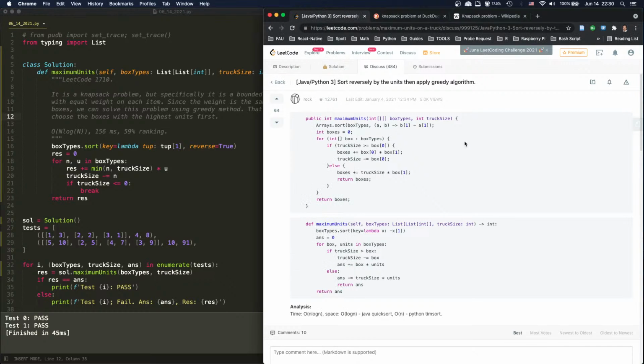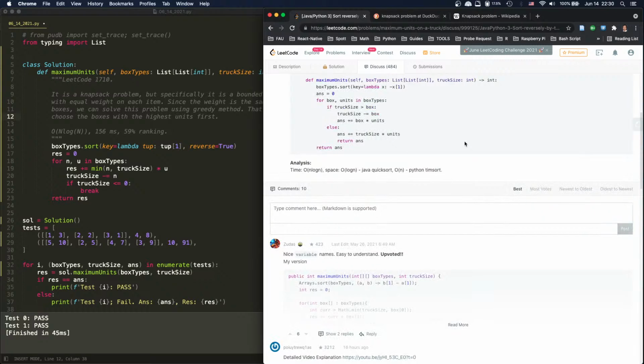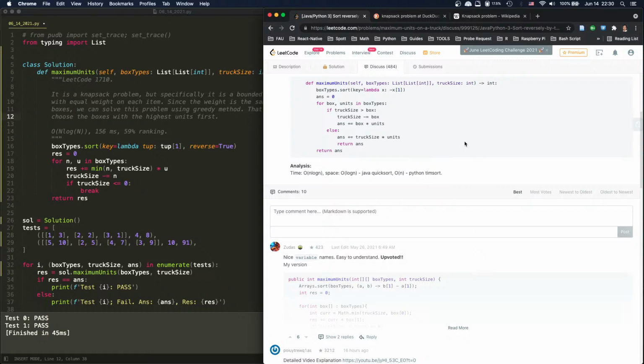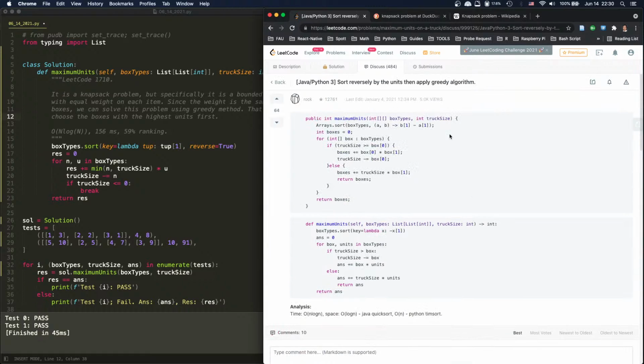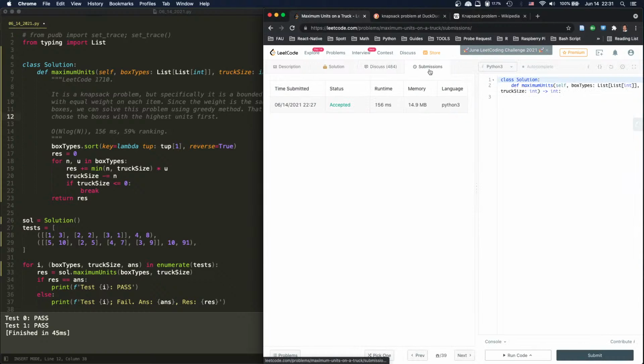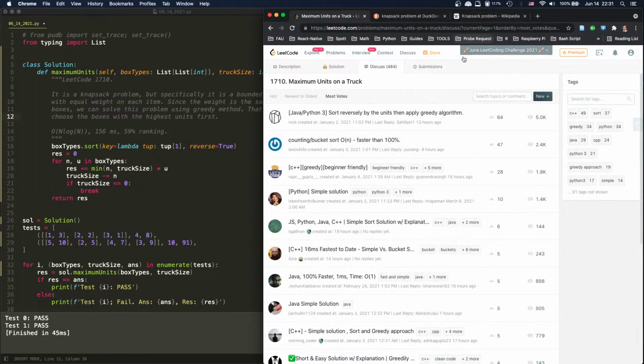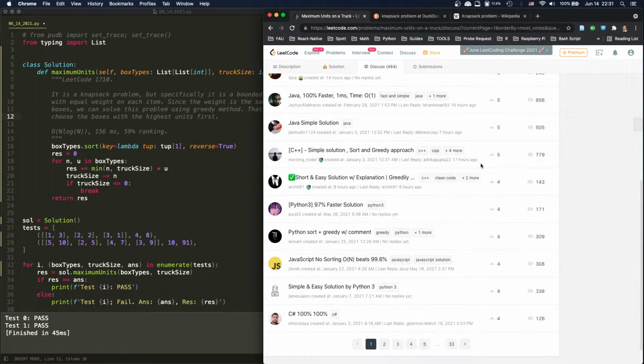Excuse my language. I forgot we sorted. I sorted first. Oh, 2021. Is this a contest this year? Anyway, there's nothing special about this, but I do want to read about knapsack.